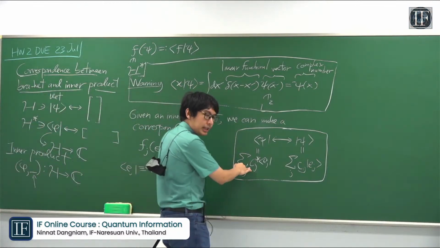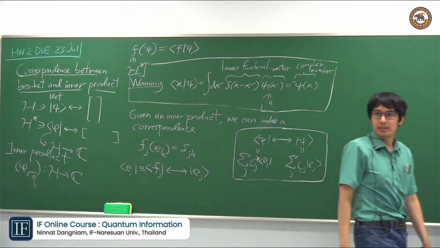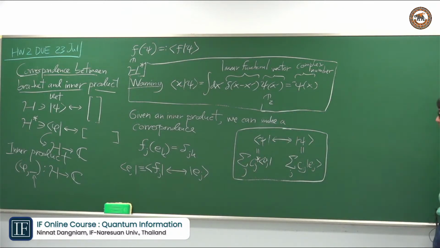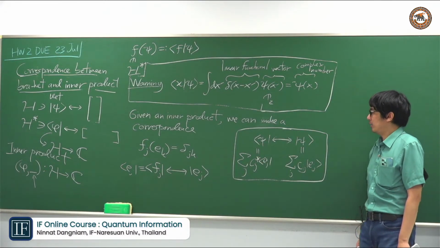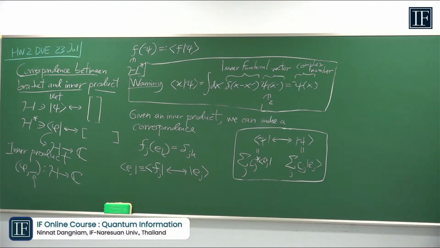Why do we have to take the complex conjugate of the elements? Can you see why from the property of inner product? Sandwich between what and what?